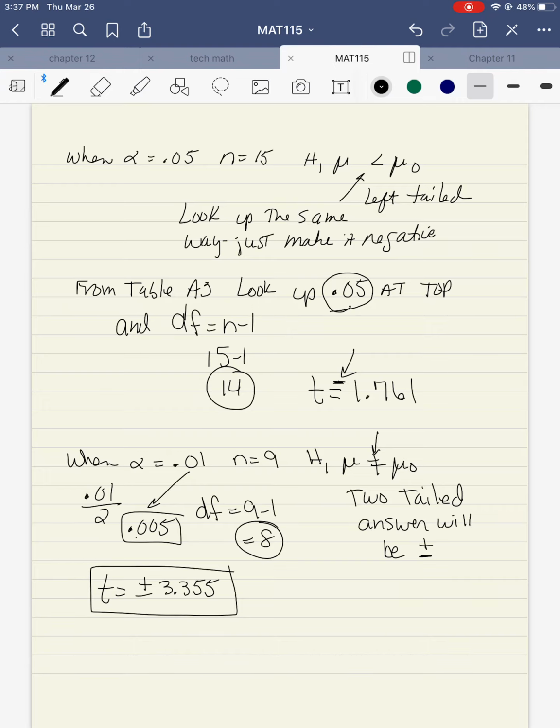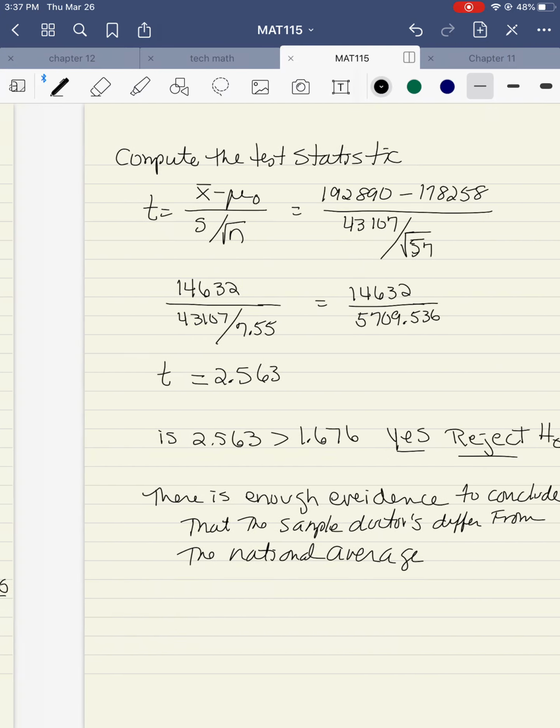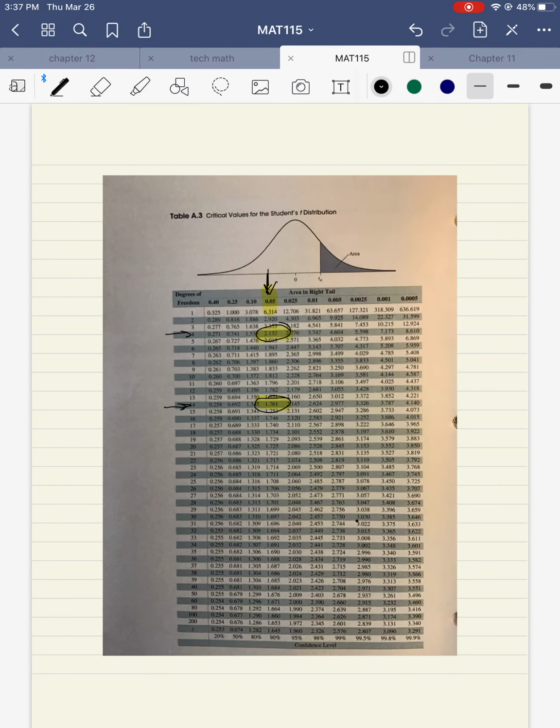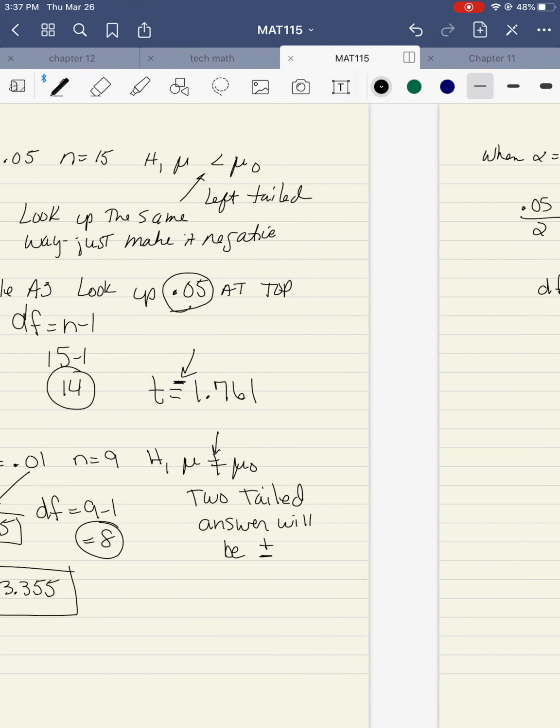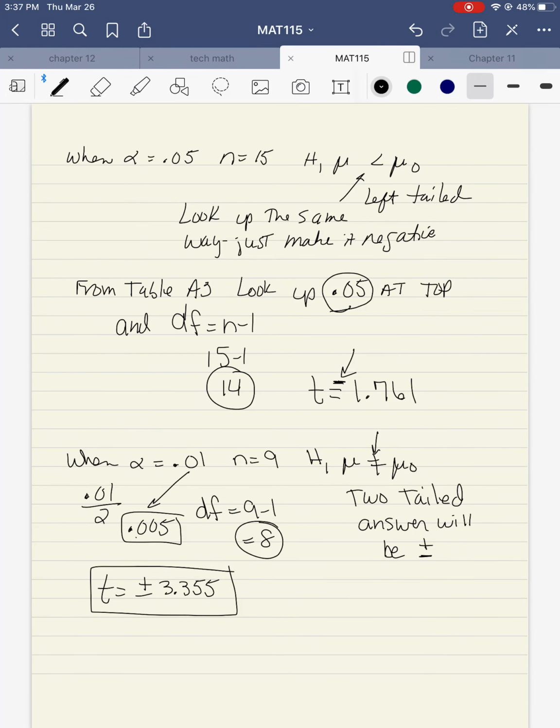So now what I'm looking up is 0.005 from the top and an 8. So 0.005 at the top is right here, and an 8, which is right here, that number there. So because it's two-tailed, I do plus or minus, so plus or minus 3.355.